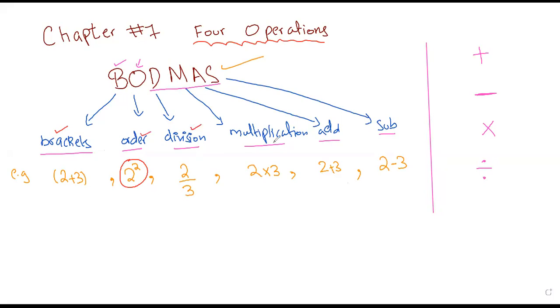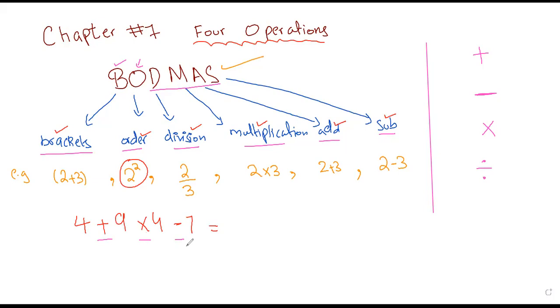Then we'll multiply if we have multiplication. Then we'll add and then we will subtract. For example, let's say we have 4 plus 9 multiplied by 4 minus 7. This is a mathematical question in which you have different numbers with different operations. One operation is plus, the second one is multiplication, and then we have subtraction. Which operation are we going to solve first?